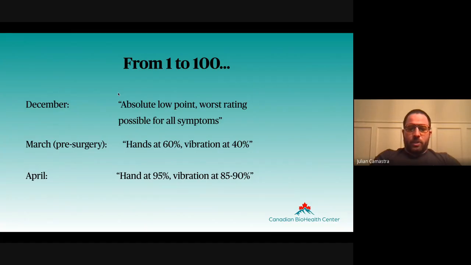And then April, which is a month after the surgery, her hands were 95. She said they're actually like 100, but there's a little tingle or something. And then the vibration was 85 to 90% out of 100. I constantly follow up with her every month or so, and she's still doing great.